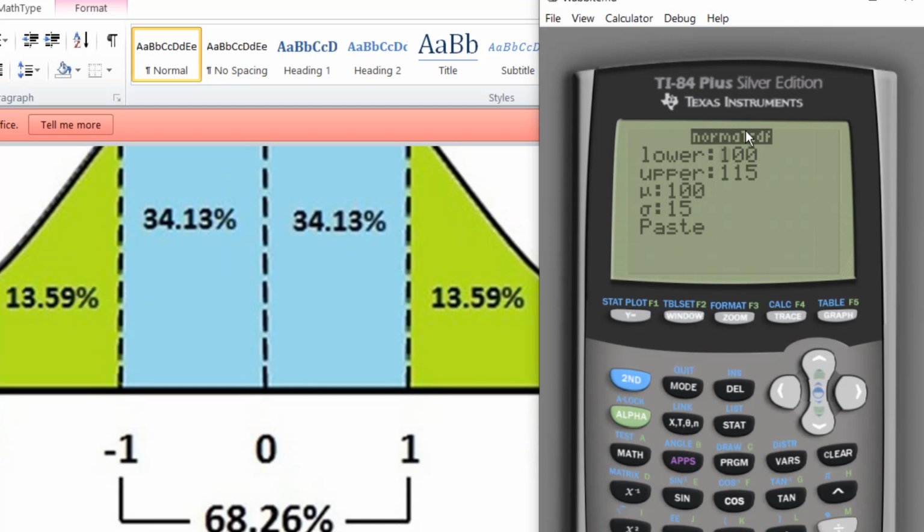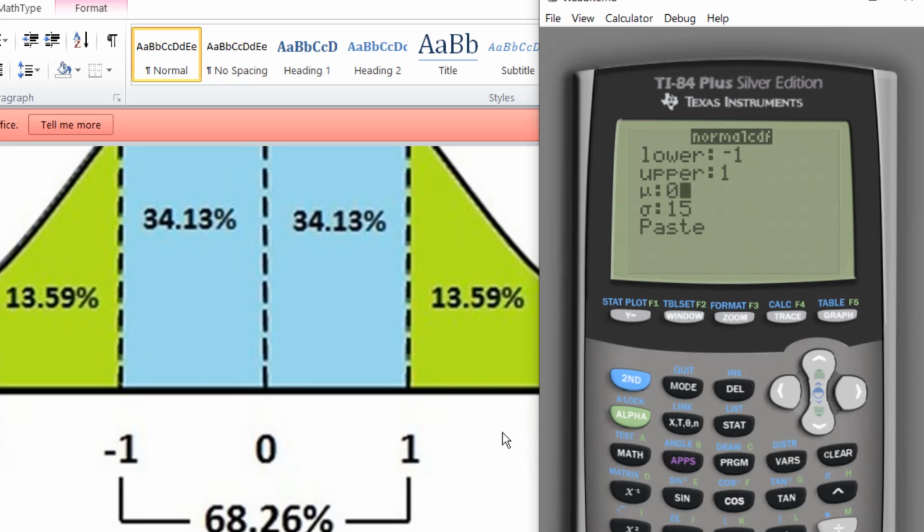Again, we're using the standard normal curve. So it'd be -1. That would be the lower bound, the left bound. And then the upper bound to the right, that would be +1. The mean for the standard normal curve would be 0, so I put this at 0.